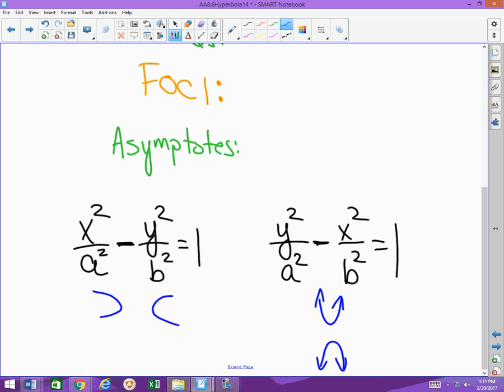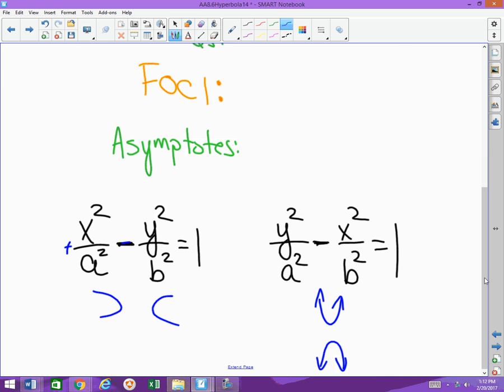Excuse me. It's the positive one that is the more important one as far as figuring out which is which. Since the x squared over a squared is the positive part, this one is the left and right. And here the y squared over a squared is positive, whereas the x squared is negative. So therefore this is the up and down one.